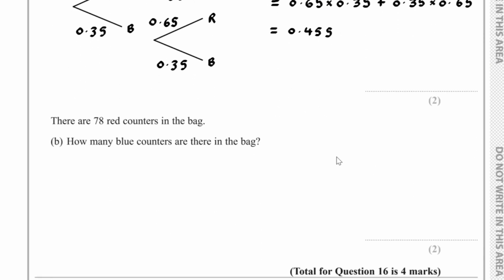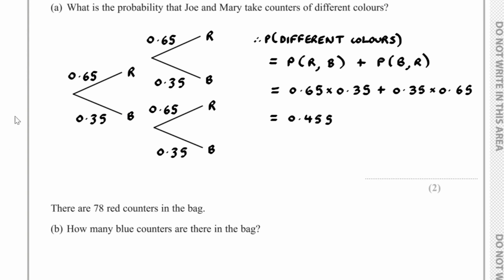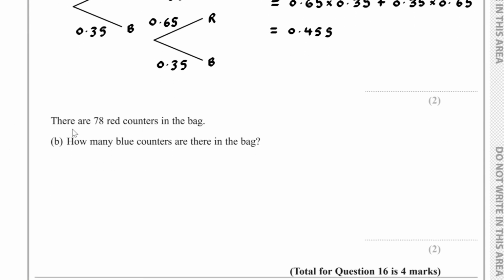Now for part B, there are 78 red counters in the bag, and what we have to do is find out how many blue counters there are in the bag. Well, the probability of 0.65, that corresponds to 78 red counters.